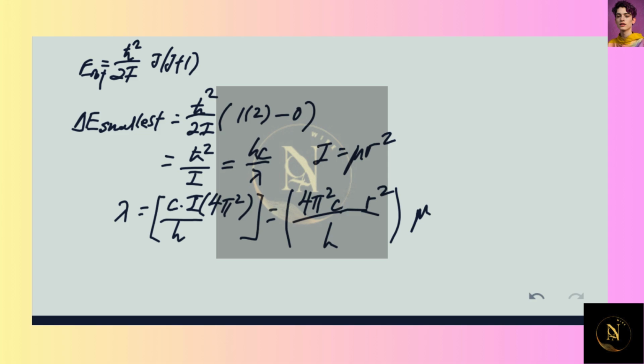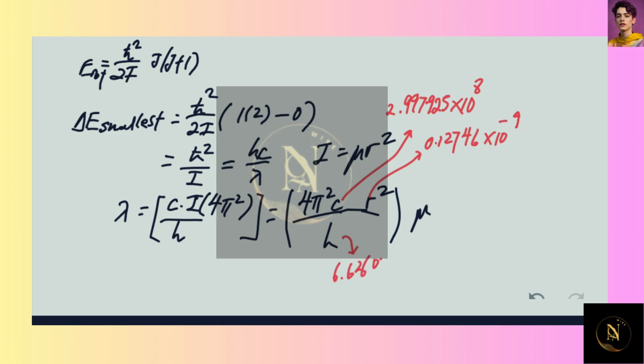For c, the speed of light, we can use its value; r is given; then for h, we use its value.